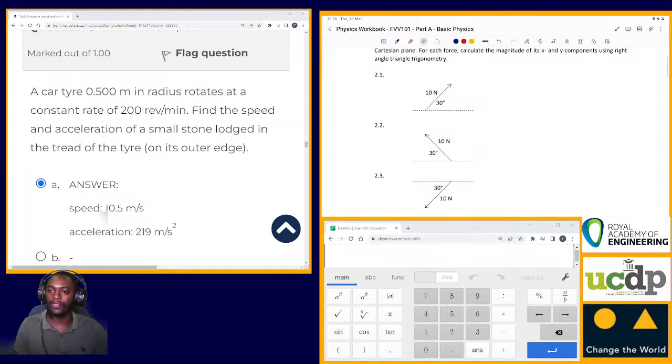We're going to start with questions from PHYV 101, TAT number 2. We solve questions 9 to 12. Then we jump onto the FPV 101 physics workbook, where we're going to tackle selected questions in a revision of vector resolving. I hope that you are going to benefit from today's tutorial session.